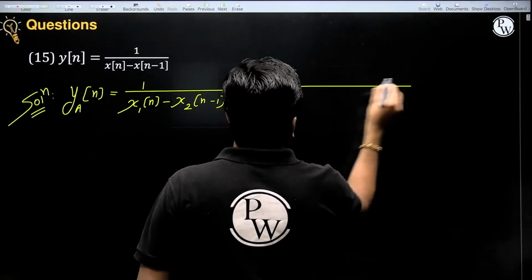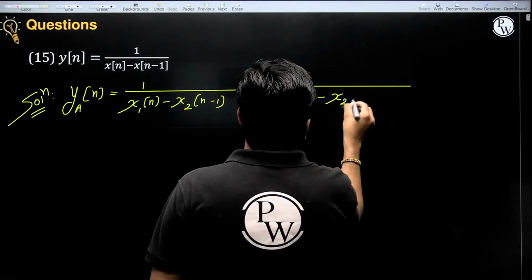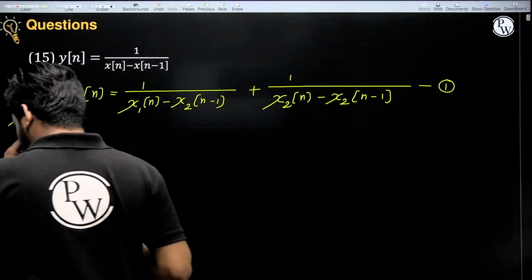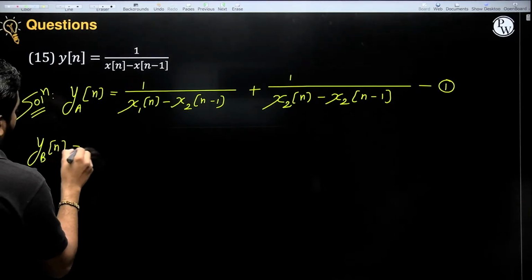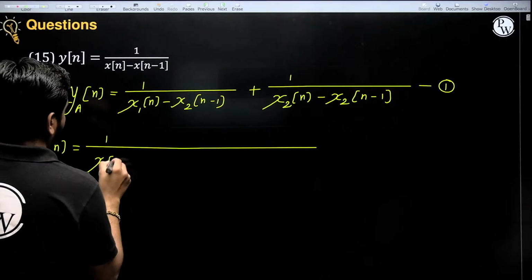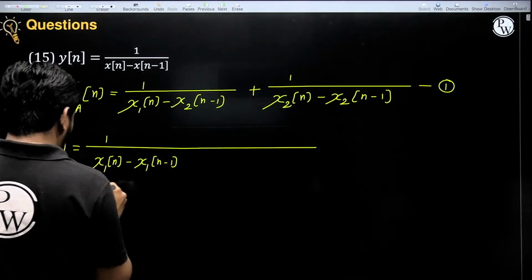Similarly 1 upon x2 of n minus x2 of n minus 1. That is the sum of individual responses. Now find the response due to the combined input.